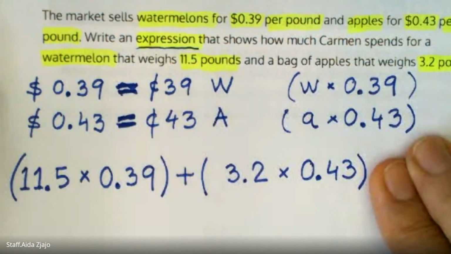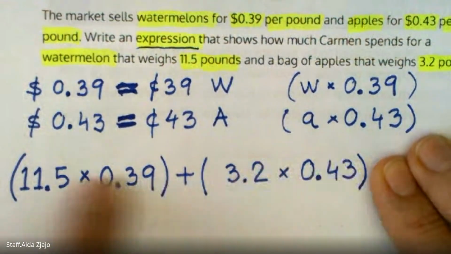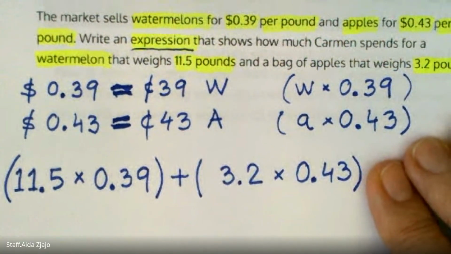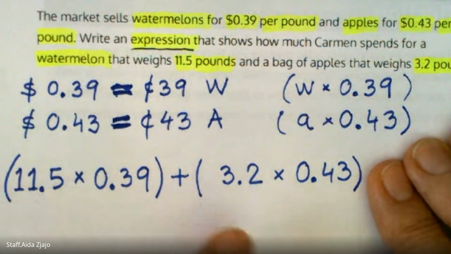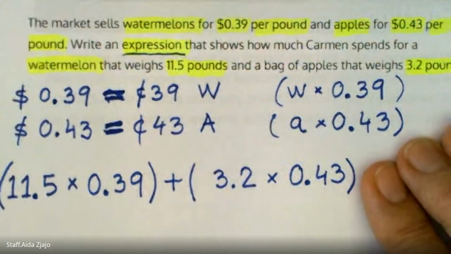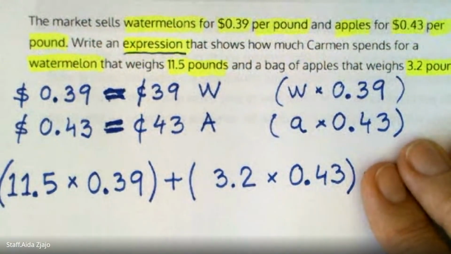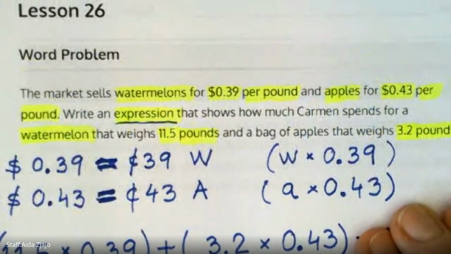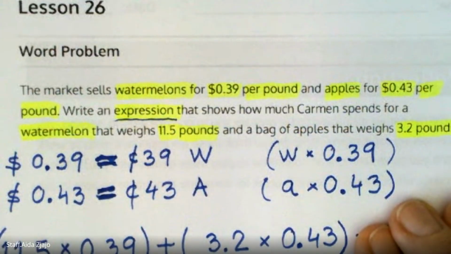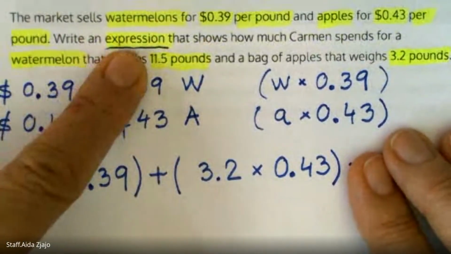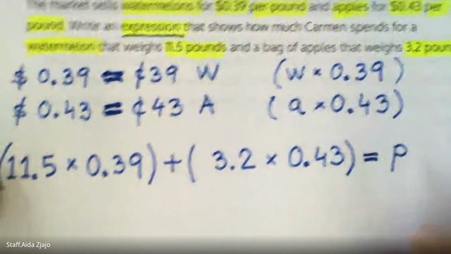But if you exclude the equal sign, you get the expression of how much she's going to pay for 11.5 pounds of watermelon and 3.2 pounds of apples. All right, so that was the lesson 26 word problem. We don't need to calculate when they say just write an expression.